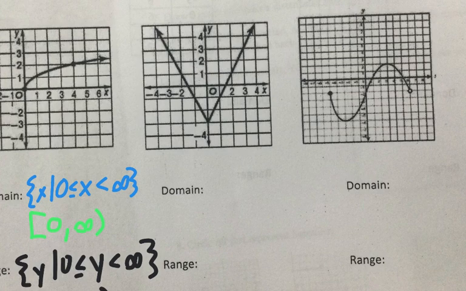Well, I see it goes to -4, but there's an arrow, which means it continues forever. So the lowest x value is negative infinity. I can't go far enough left to get there. So the domain is all x's such that x must be bigger than negative infinity.